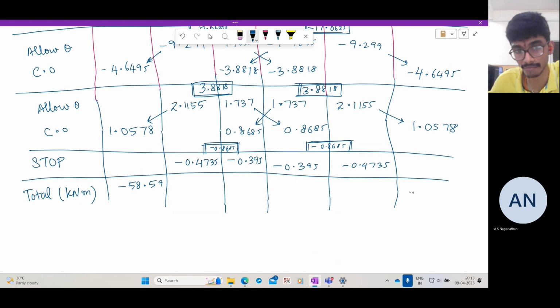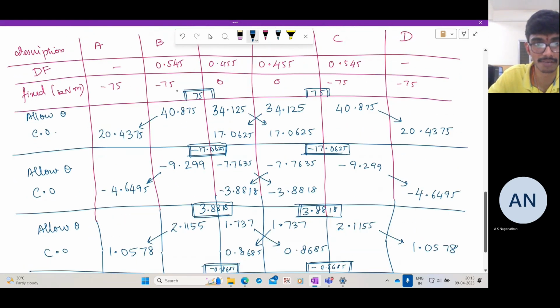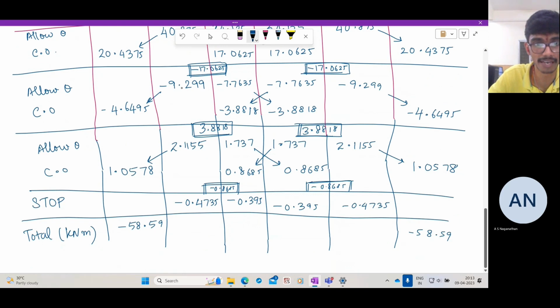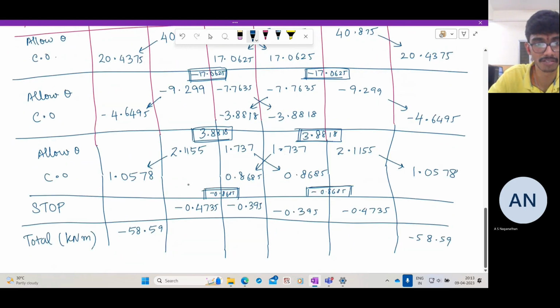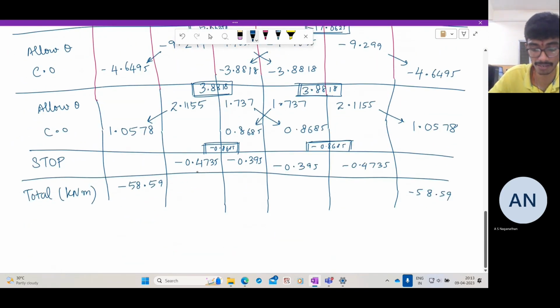So this is also the same, minus 58.59. And in between it is here minus 75 plus 40 minus 9 plus 2 minus 0.4. That turns out to be minus 41.782. So this is also minus 41.782.